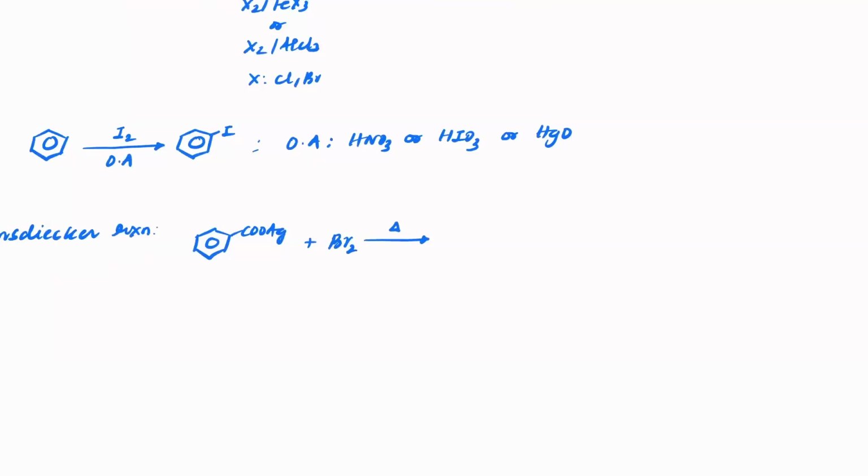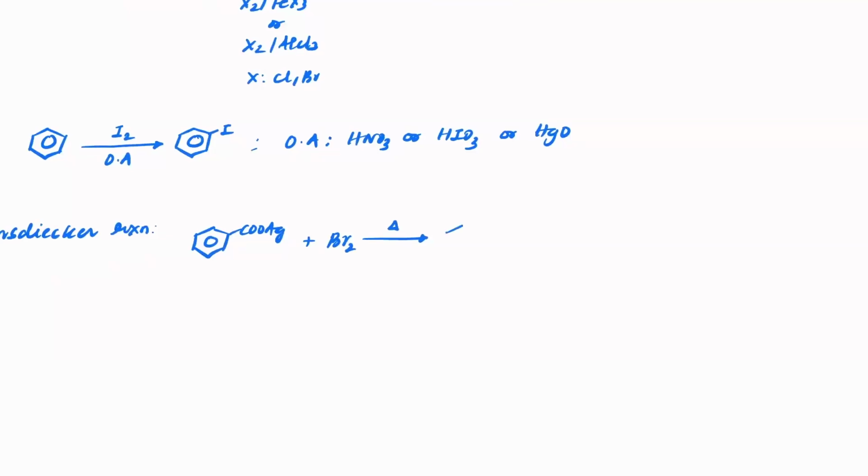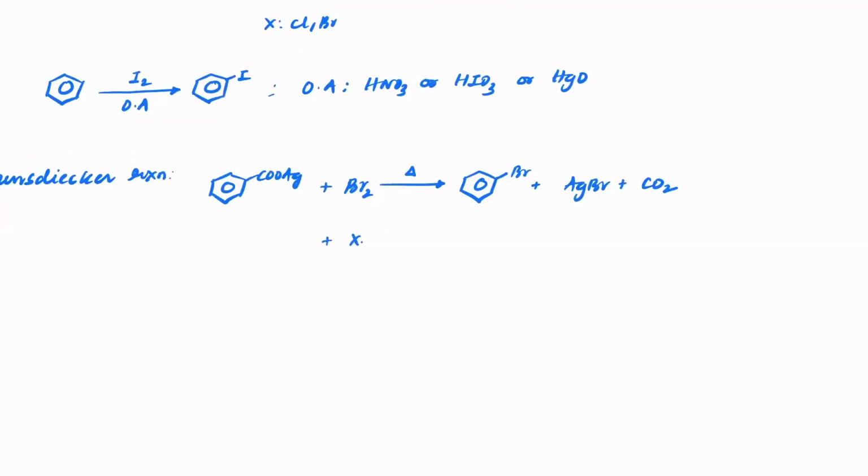In that case, we will get R-X, in this case bromine, plus AgBr plus CO2. You might wonder, sir, is it only for bromine? Not necessarily. Any X2 where X is chlorine, bromine or iodine, like this, plus AgX plus CO2. Done. This is the Hunsdiecker reaction.